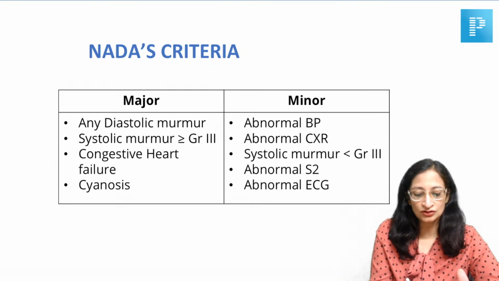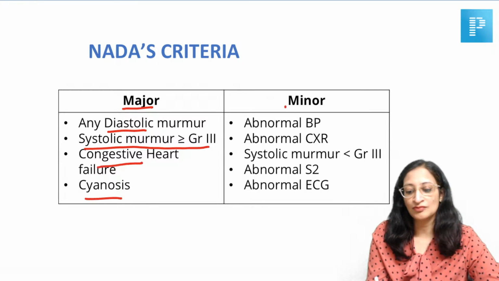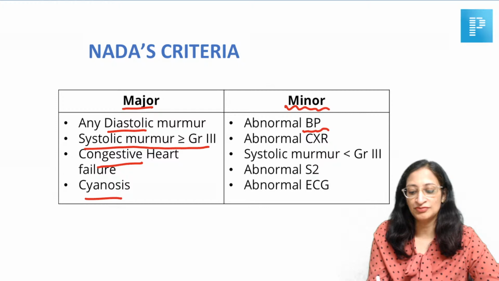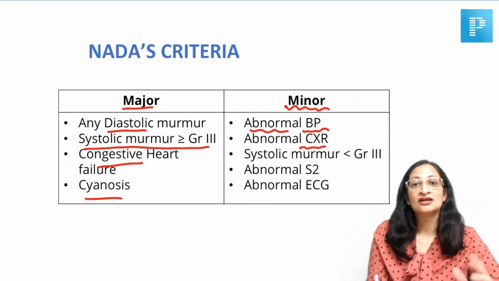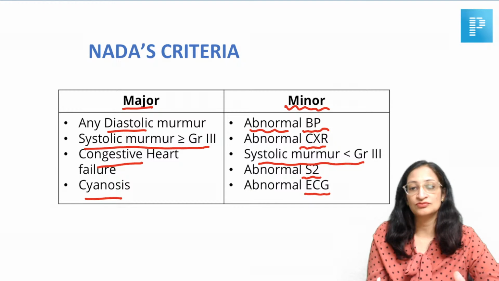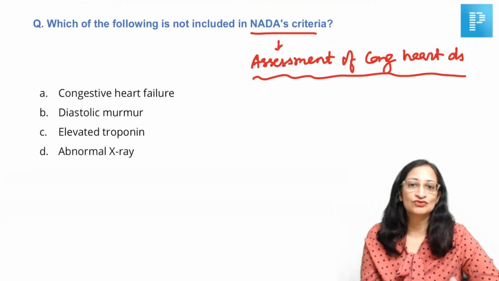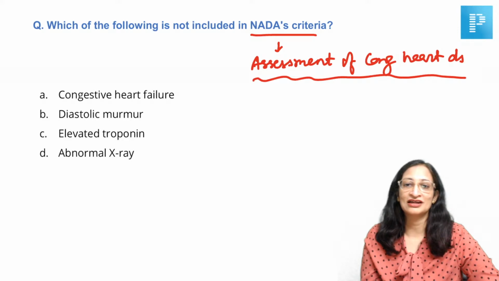NADA's criteria have some major criteria and some minor criteria. Major criteria include any diastolic murmur, systolic murmur greater than or equal to grade 3, any evidence of congestive heart failure, or cyanosis. The minor criteria include abnormal BP, chest x-ray, systolic murmur less than grade 3, abnormal second heart sound, and abnormal finding on ECG. Going back to the question, which of the following is not included in NADA's criteria?